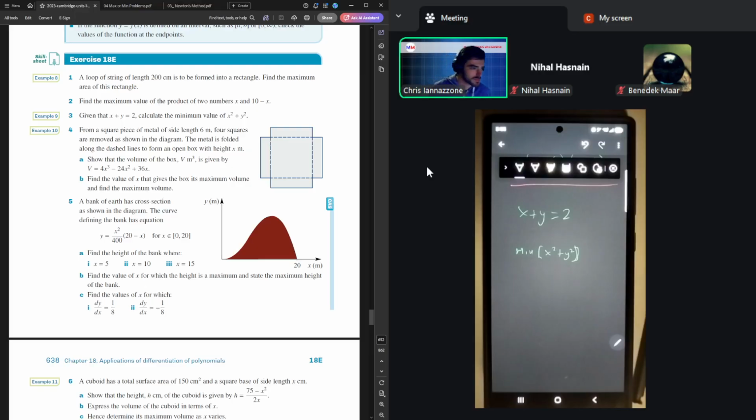There's very limited information, so that really constrains our thinking. We know that x plus y is equal to 2, and we want to minimize x squared plus y squared. The problem is that we have two variables that we're trying to minimize. I only want one variable in that expression.